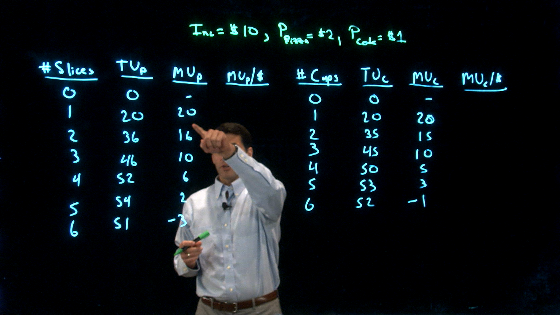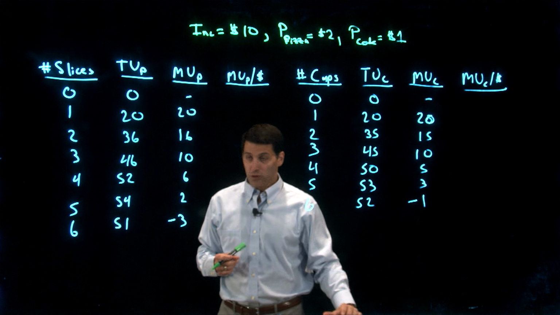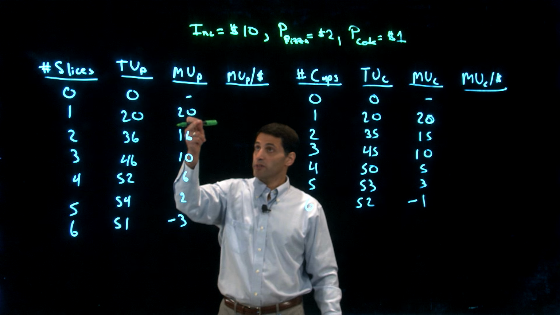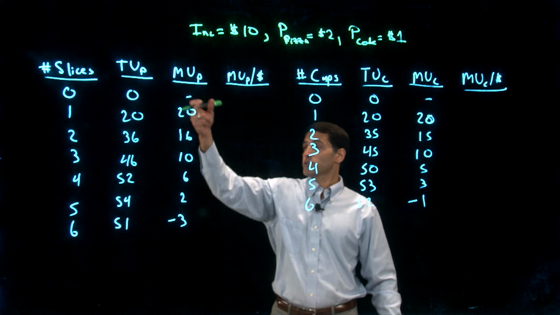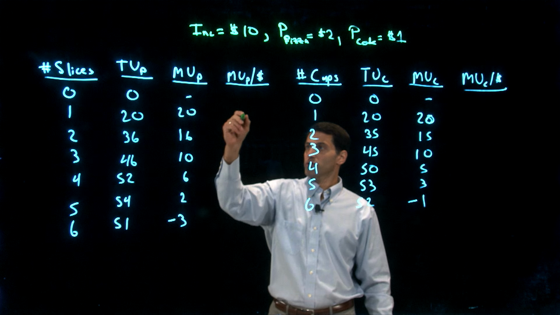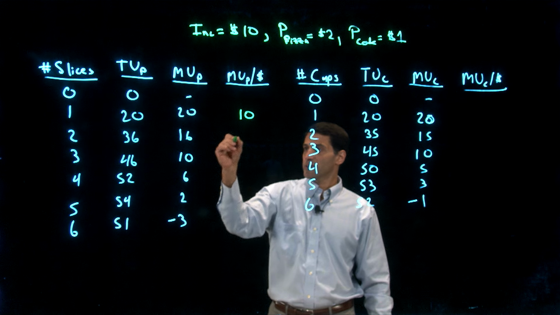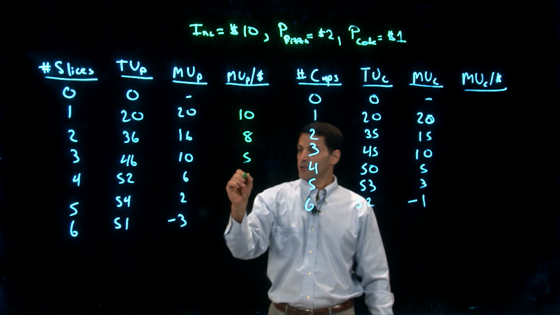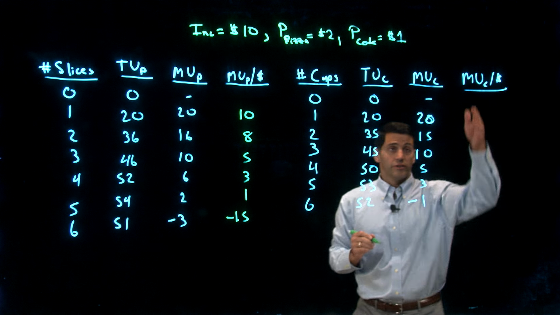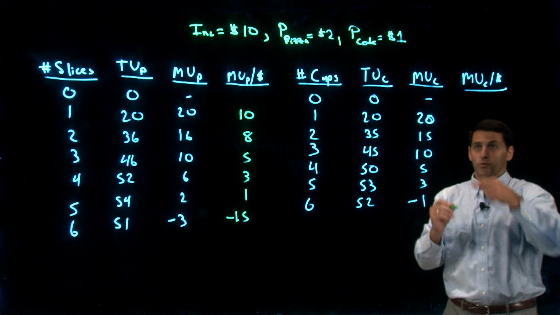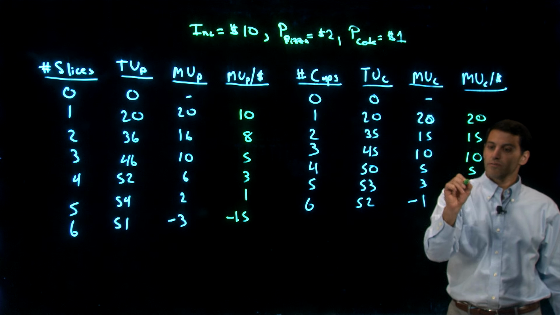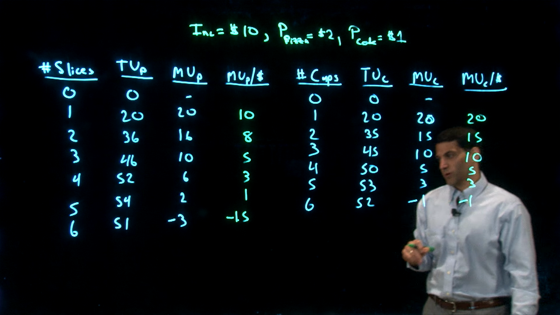If the marginal utility here is 20 and a slice of pizza is $2, then marginal utility per dollar is just 20 over 2, or 10, right? 16 over 2, 8. So we're just dividing in each case by 2. In this case, the price is $1, so we're just dividing 20 by 1, again 20, 15, 10, 5, 3, and then finally minus 1.